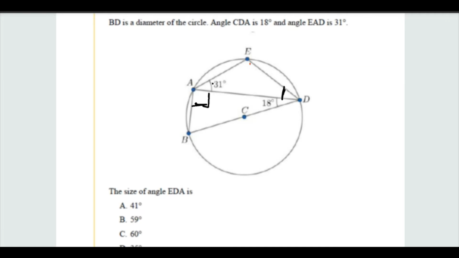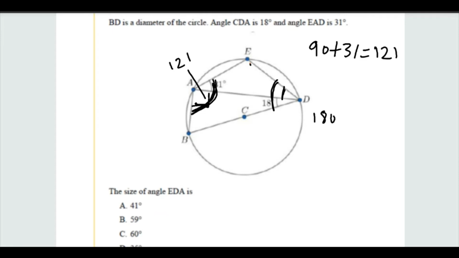So this whole piece will be 90 plus 31, which equals 121. The rule says the opposite angles in a cyclic quadrilateral are supplementary, which means they add up to 180. So if this side here is 121, this whole side here will be 180 subtract 121.